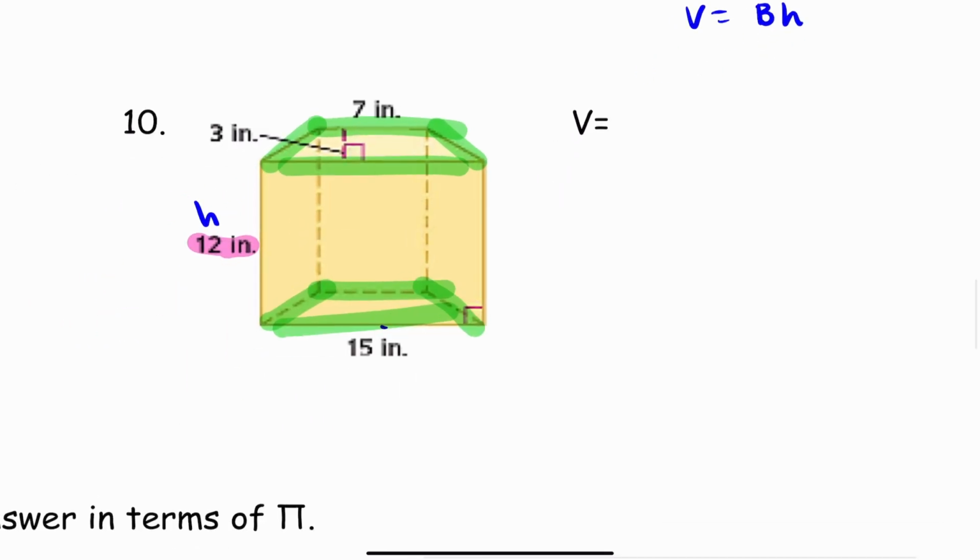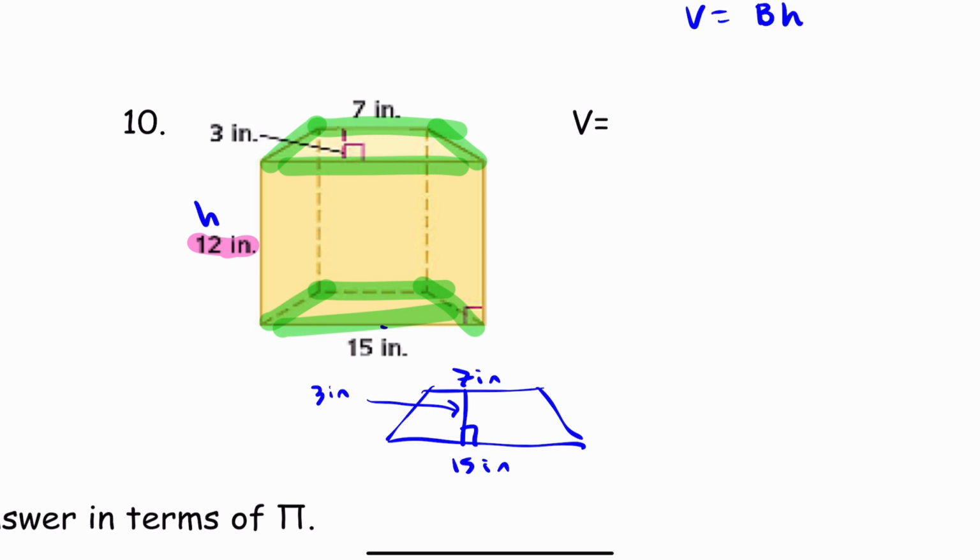So the base is a trapezoid, where the height of that trapezoid is 3 inches. And the base of the trapezoid is 7 inches, and the other base is 15 inches. A trapezoid is a quadrilateral where the parallel sides are the bases of that figure, okay?